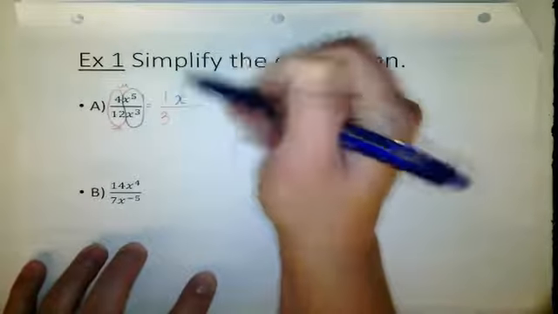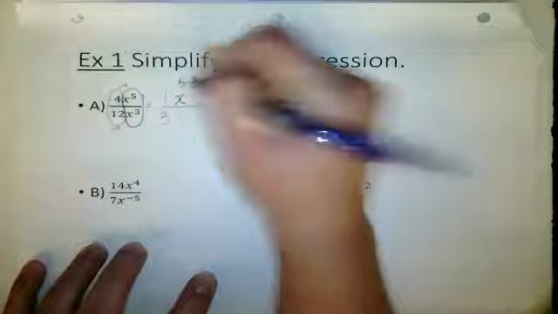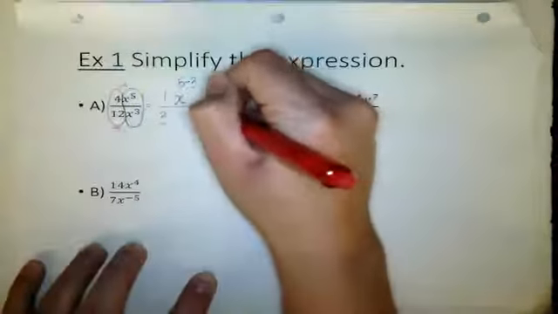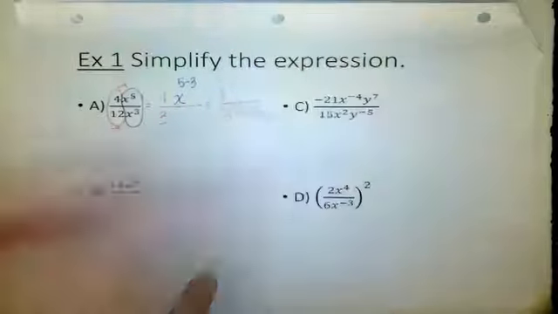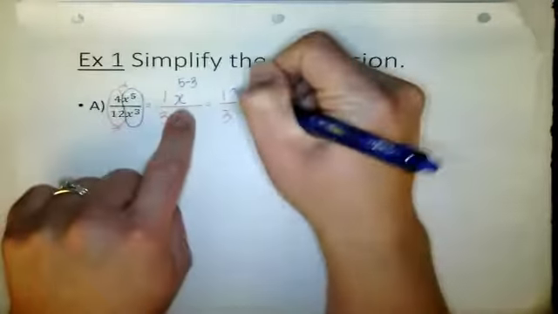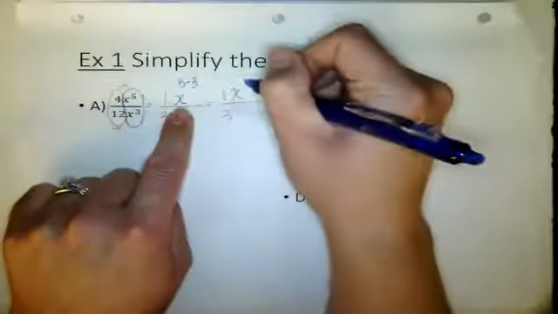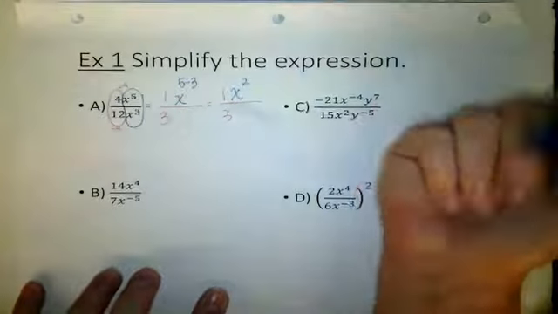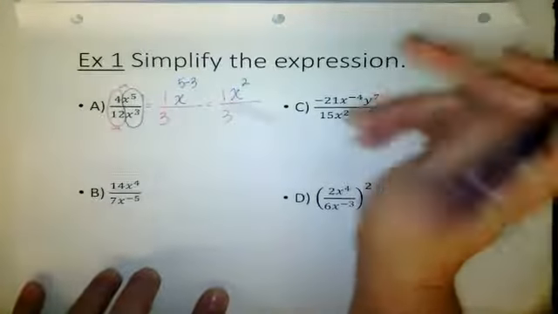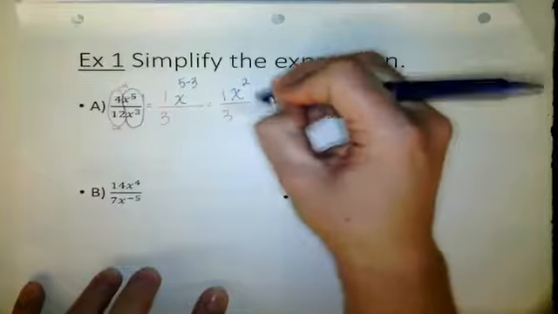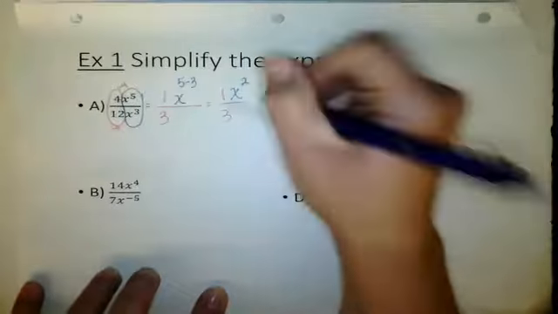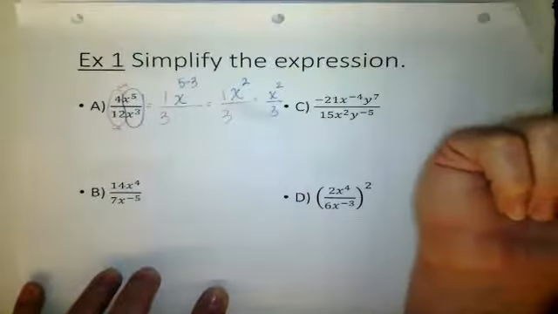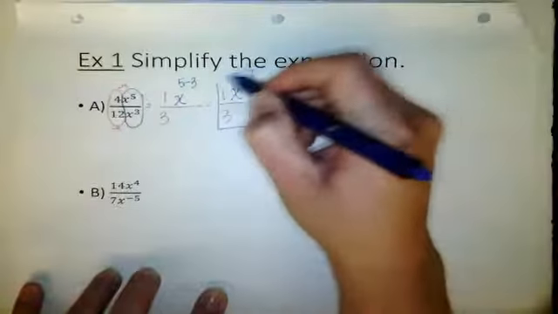It stays in the numerator, and you do top minus bottom, 5 minus 3. That gives me 1 over 3, and then we get x to the 2nd. This is a wonderful answer. Do you need the 1? Is the 1 doing anything for us? No. So it would be okay to have x squared over 3 as an answer as well. Either one of these is the same thing.